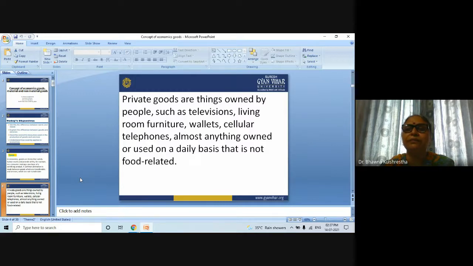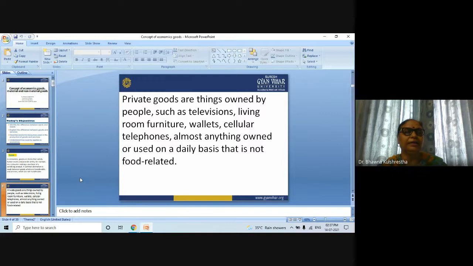For example, a microwave oven or a bicycle that is sold to a consumer is a final good or consumer good, but the components that are sold to be used in those goods are intermediate goods.